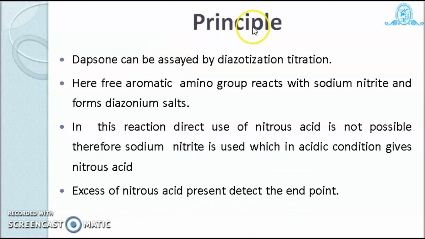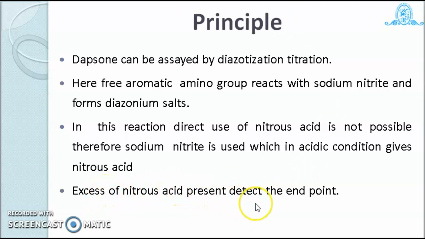Let us see the principle involved in the assay of Dapsone. Dapsone can be assayed by the diazotization titration method. Here, the free aromatic amino group reacts with sodium nitrite and a diazonium salt is formed. In this reaction, the direct use of nitrous acid is not possible. Therefore, sodium nitrite is used, which in acidic condition gives nitrous acid.